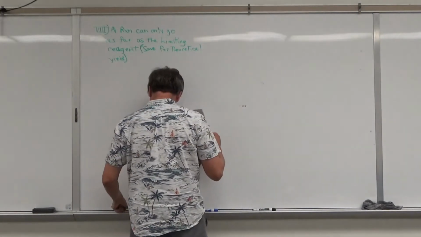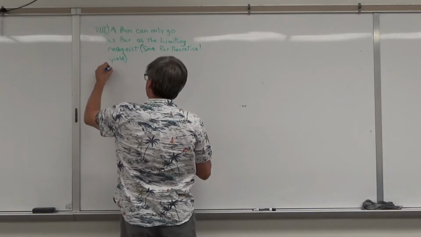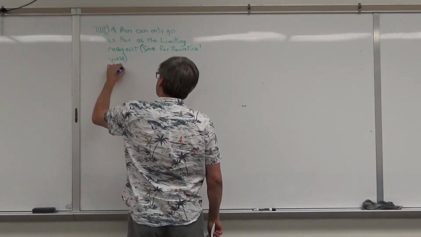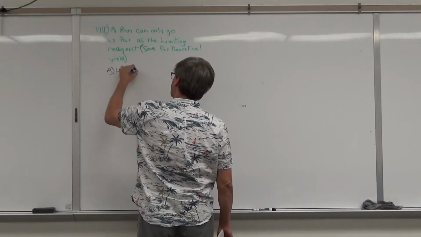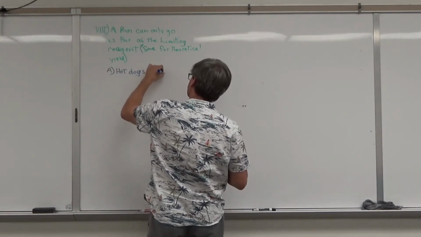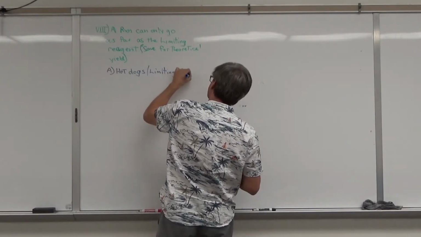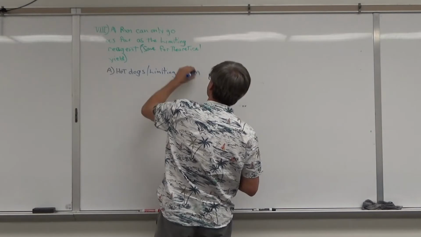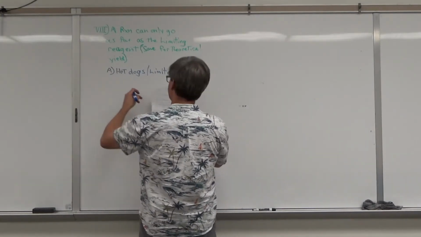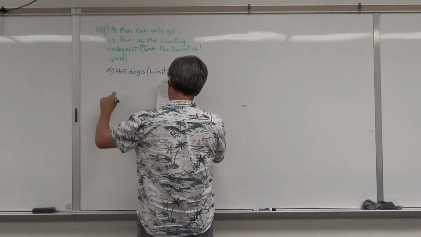All right, and here's the hot dog example in text. Hot dogs, limiting reagent. I'm completely over-explaining this hot dog thing now, but it'll be helpful if you look back at your notes in a month or something.